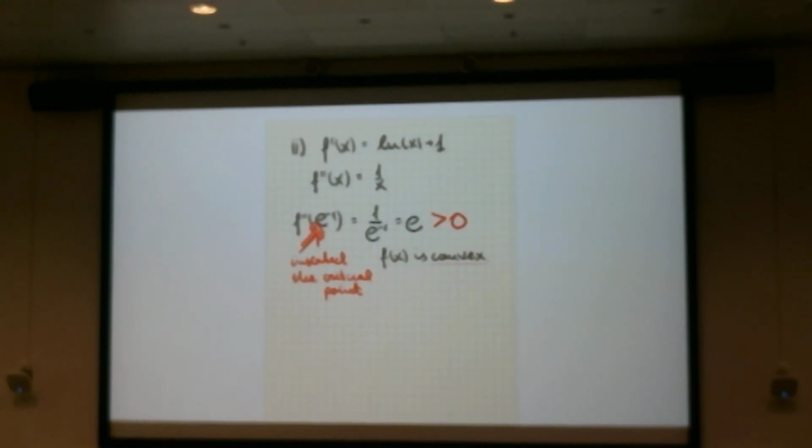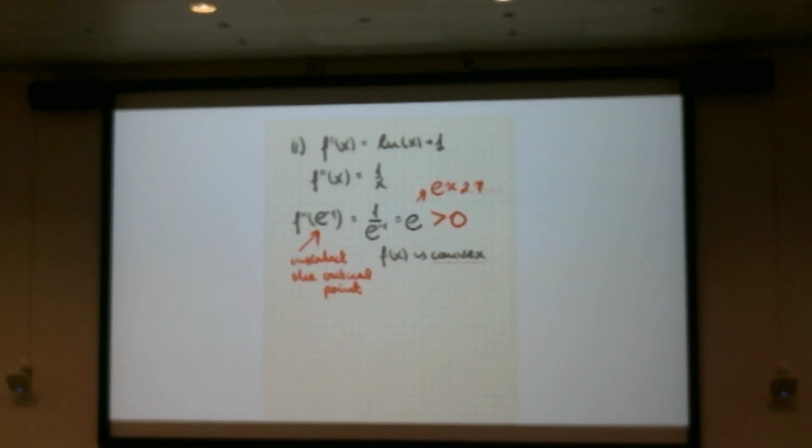So when we insert e to the minus 1, we have 1 over e to the minus 1, which is just the same as e. And e is positive because e is approximately 2.7 and many more numbers. So it's a strictly positive number. So the function is convex.